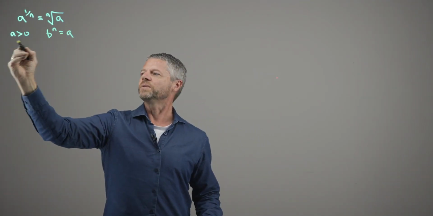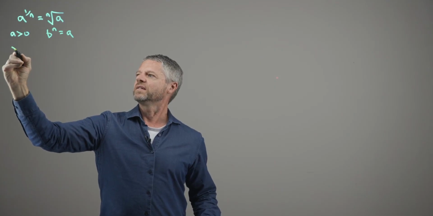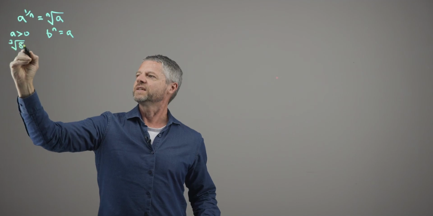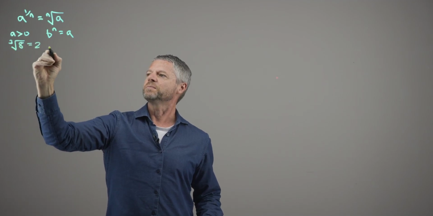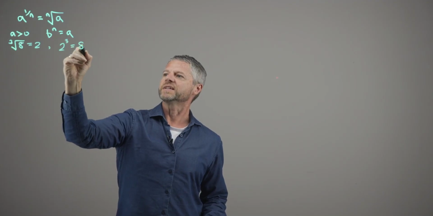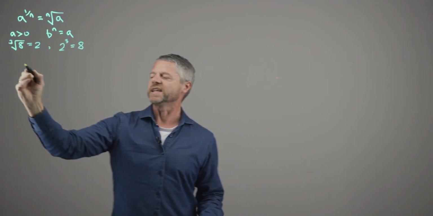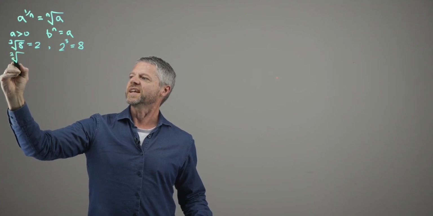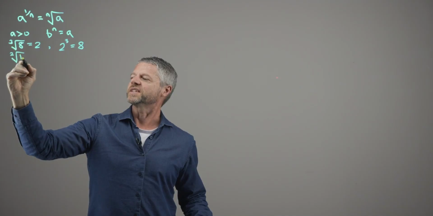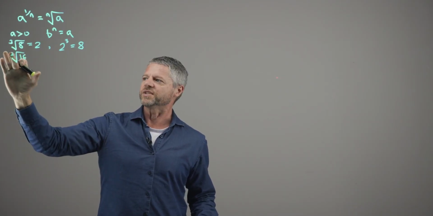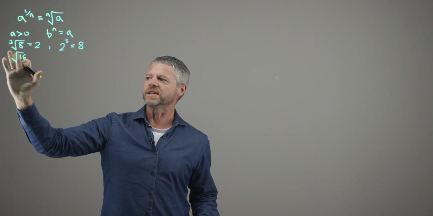So, for example, the principal third root of 8 is 2, because 2 to the power 3 is 8. And similarly, the principal second root of 16, and this is just called the square root, and so we often just omit the 2 when we're dealing with square roots.